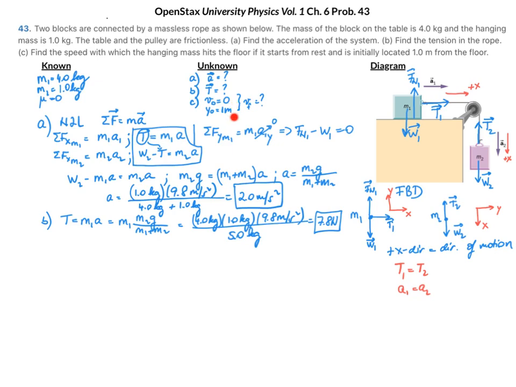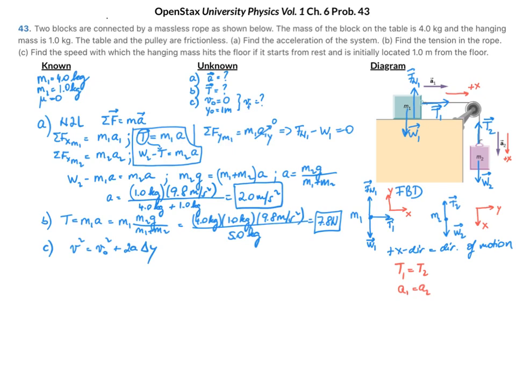We know how high above the ground m2 was, and we're supposed to find the speed with which it hits the ground. So now that we found the acceleration in part A, we can use v squared equals v naught squared plus 2a delta y.